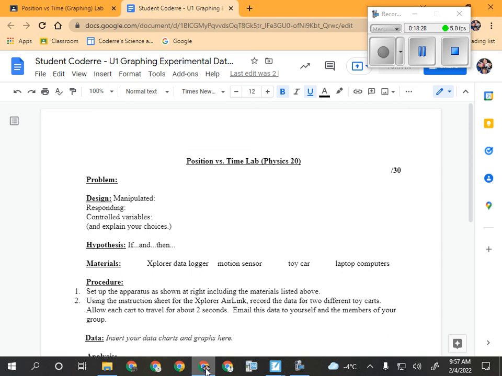That means we don't want the velocity of the cart to change, or we'd like it to be controlled throughout the experiment. Then you would have to talk about how you would control it and how it would affect your responding variable.